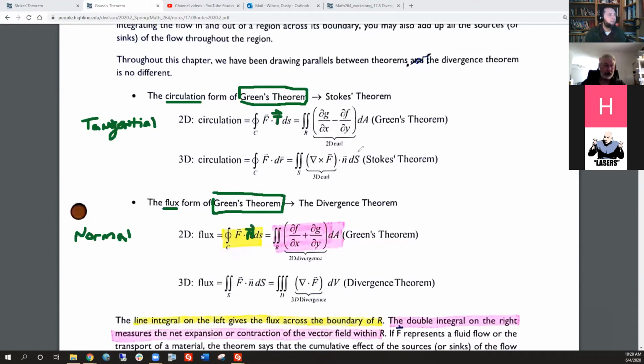How else could you write the line integral of F dot T ds? I was trying not to clutter it with too many versions, but you could also write this as the line integral across C of F dot what?